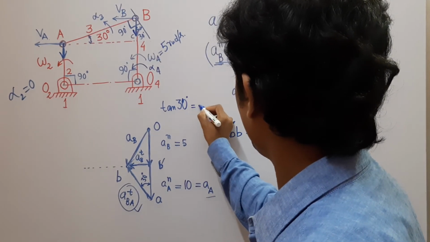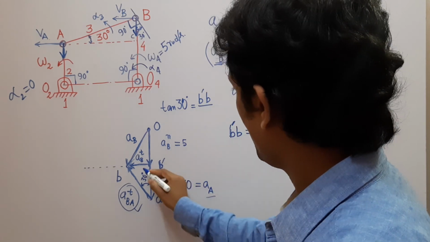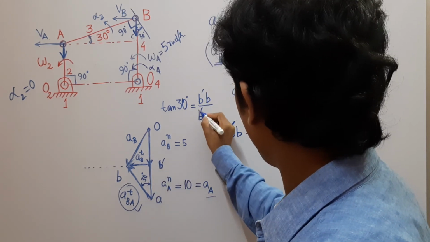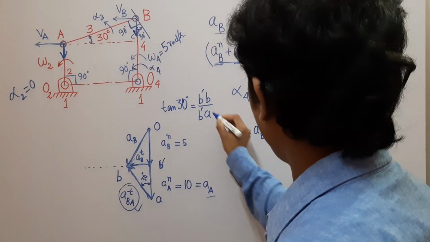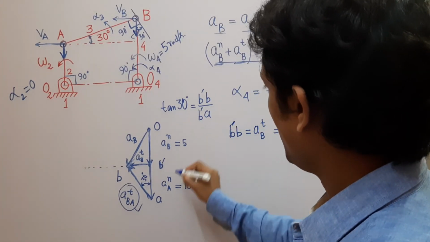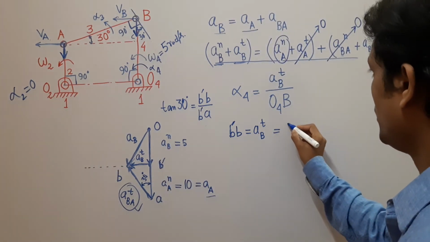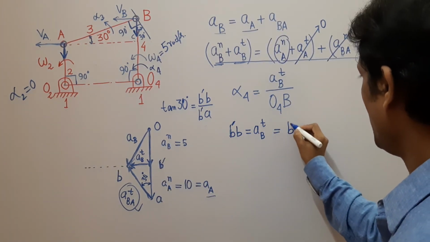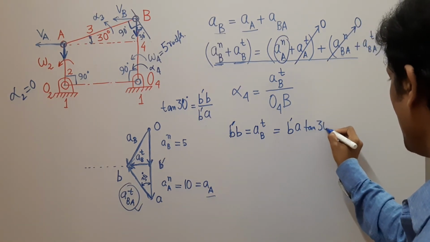Tan 30 degree is equal to B prime B by B prime A. So B prime B is B prime A tan 30 degree.